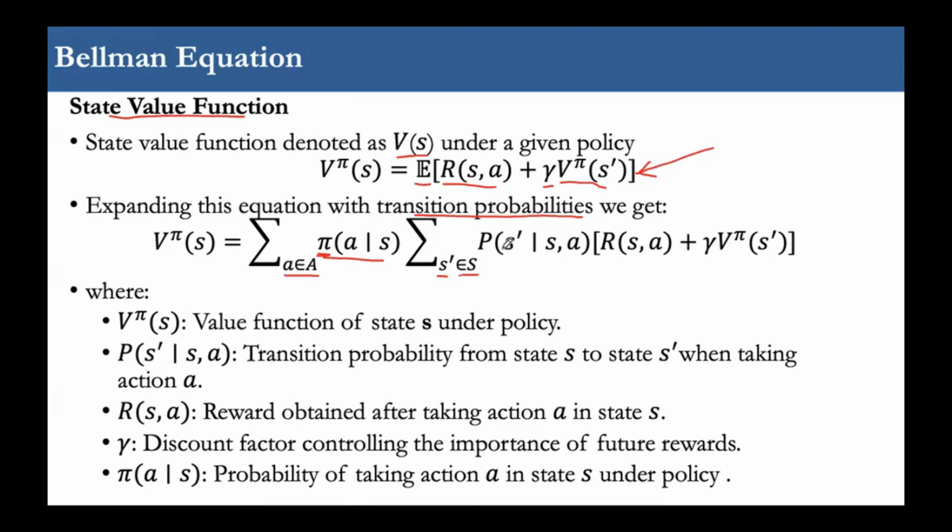So what will we be summating? It is the transition probability P of S dash given S comma A, where S dash is the next state and S and A are the current state and action, into the reward value for the particular action in the particular state, plus gamma, the discount factor, V pi of S dash.